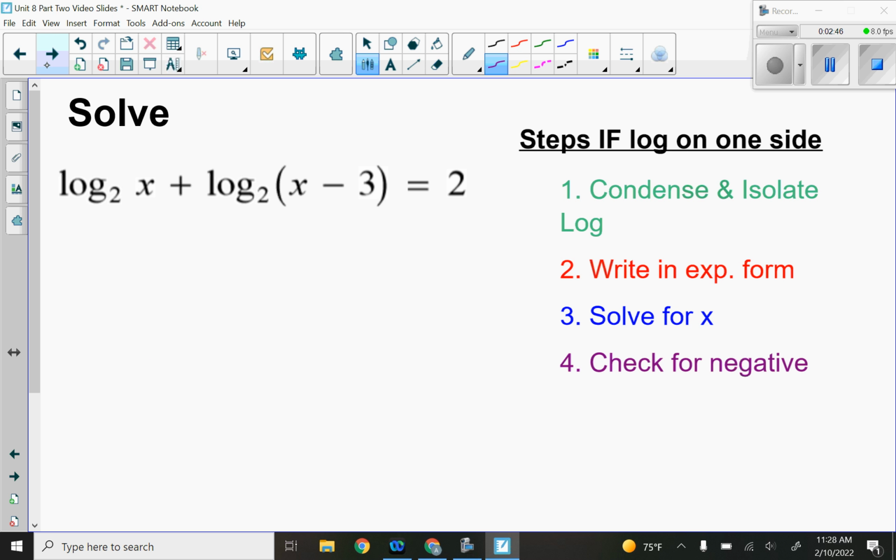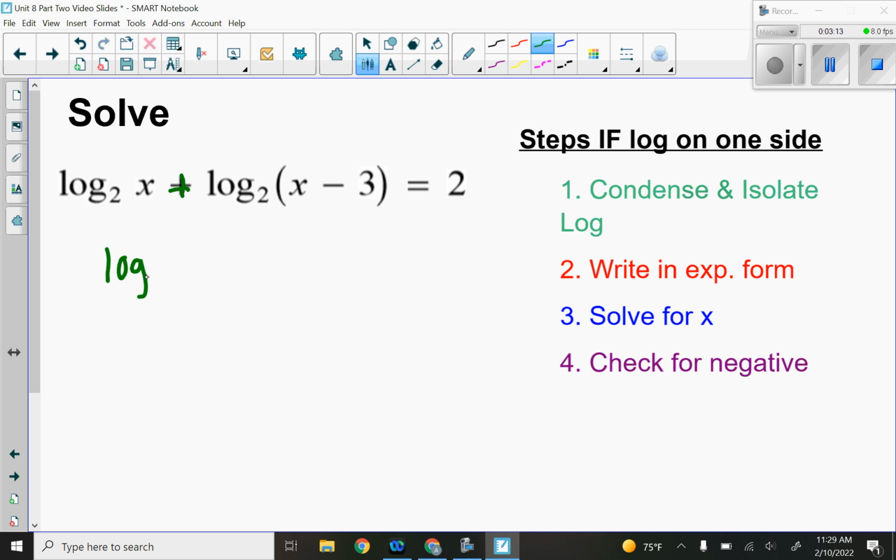Great. So when we look at this, now we're seeing multiple logs, but they're still on that left side only. Because of that, we can use our log properties to condense. I'm adding, so the log property there would be multiply.